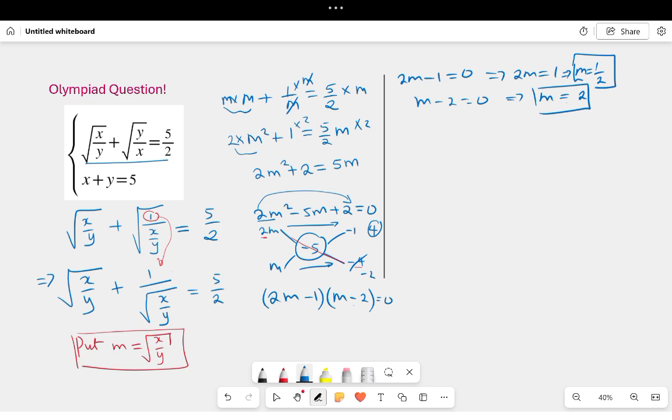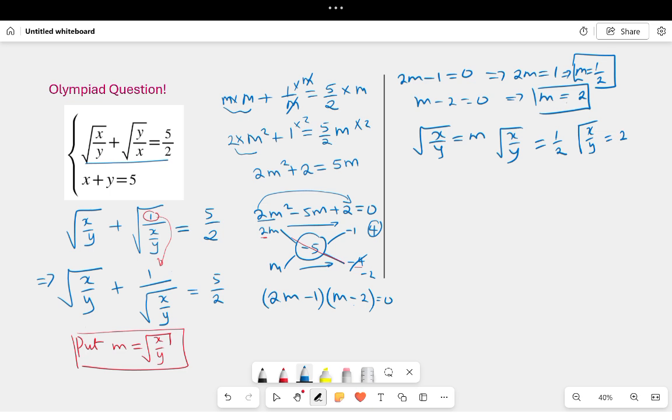We did our substitution as the square root of x over y was equal to m. And therefore, it means the square root of x over y is equal to 1 over 2, as well as the square root of x over y is equal to 2.